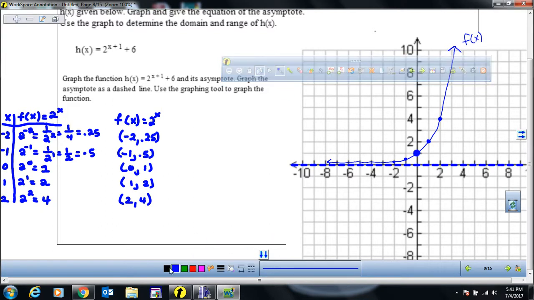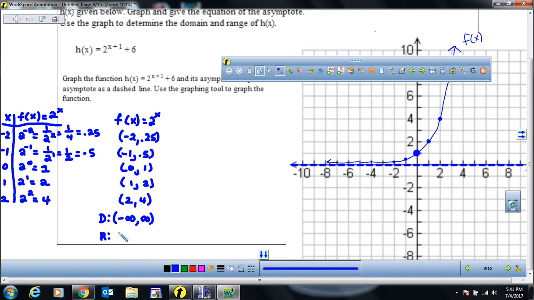So let's go ahead and provide that information. That is something that we need to make sure we mention every time we do these functions. So for f of x, the domain of this function keeps on going from left all the way to the right. So we know that it's from negative to positive infinity. The range of this function doesn't get to 0, so it's anything above 0, right?